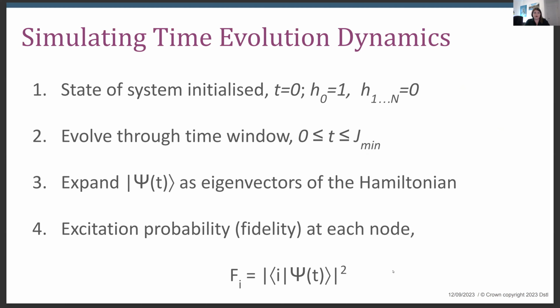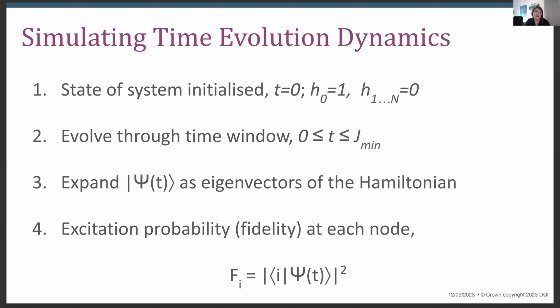So to simulate this qubit network, we have to simulate the time evolution dynamics. So step 1 is we initialize it into a state where the first qubit, in this case, the qubit I labeled 3, is in state 1, so an upspin, and the other qubits are in state 0.